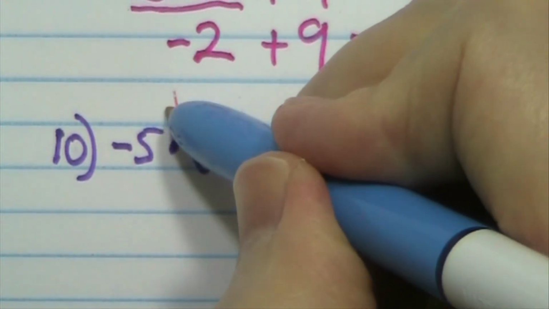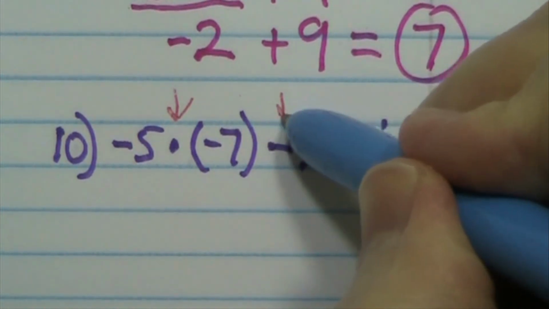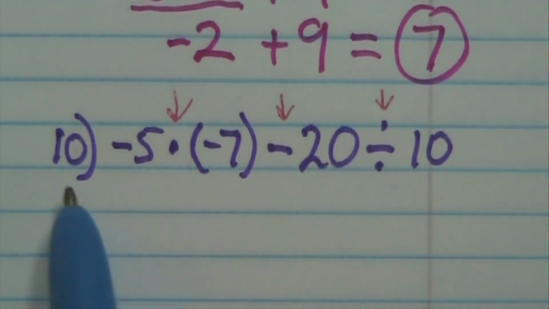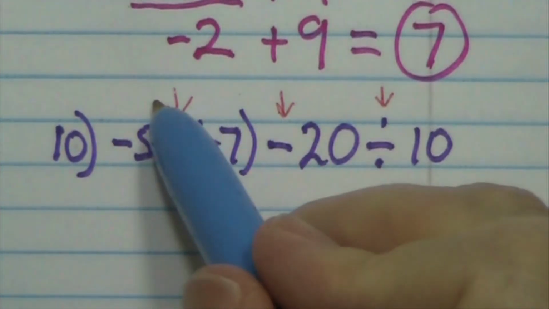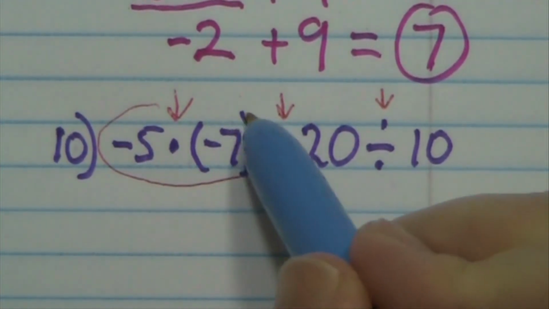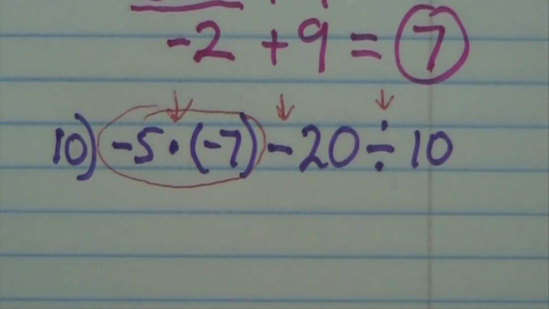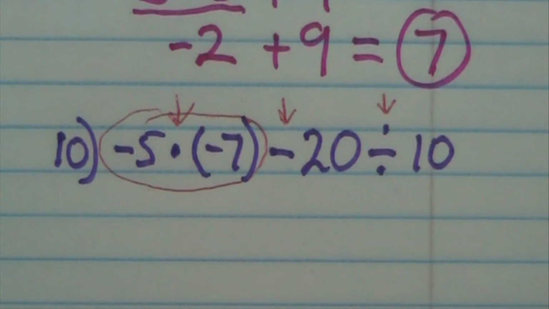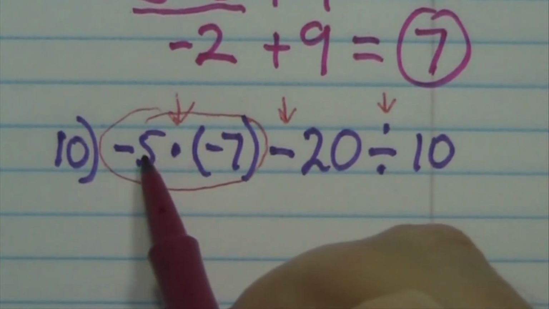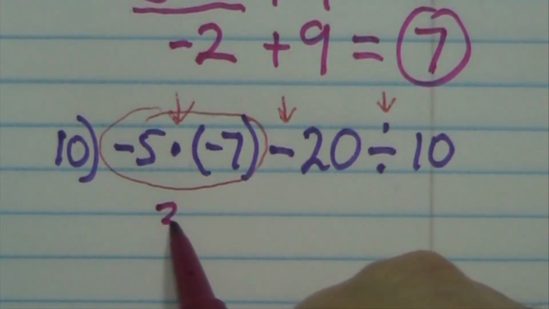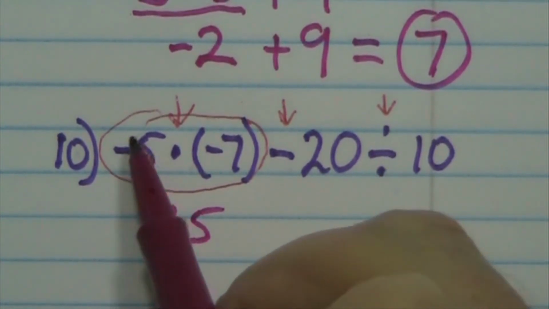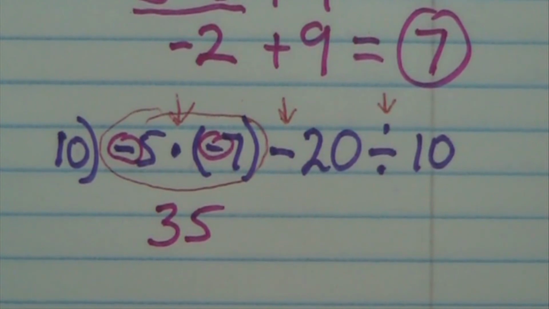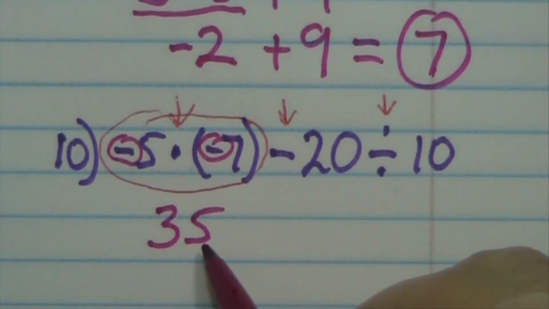There is multiplication, there's subtraction, and here's division. So going left to right, let's first take care of this. -5 times -7. 5 times 7, 2 negatives. 2 negatives cancel. All right, so we took care of this.